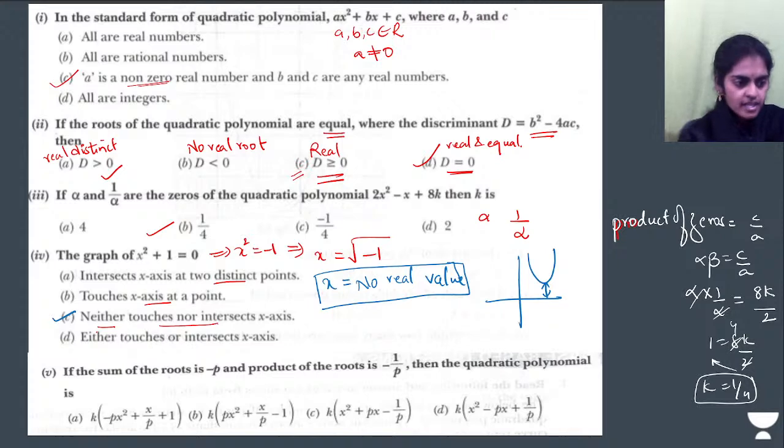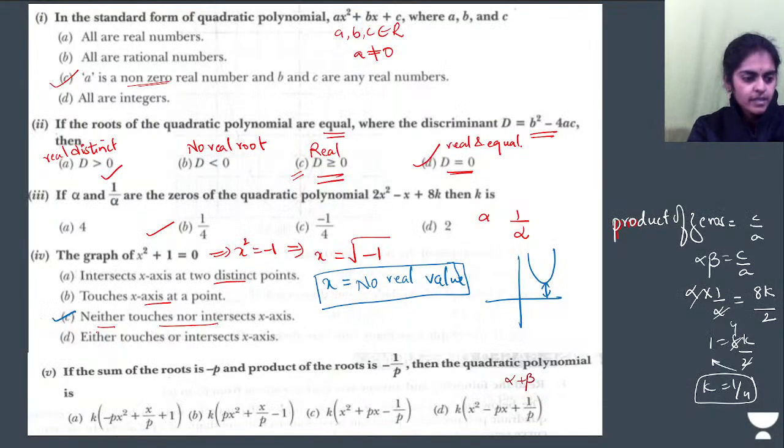See the next one. If the sum of the roots is minus p and the product of the roots is minus 1 by p, then the quadratic polynomial is. So यहाँ पे देखो. Sum of the roots alpha plus beta. Let me write it here. Alpha plus beta is minus p. Okay, sum of the roots is minus p.